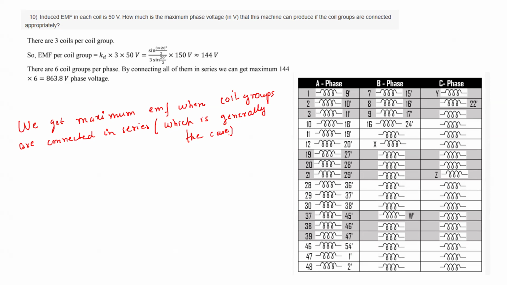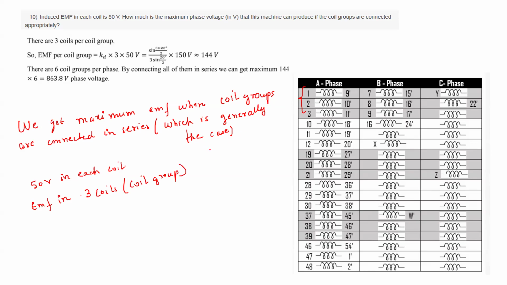So here they are saying that in each coil you are getting 50 volt. First of all, these coils are also connected in series. So 50 volt in each coil means in a coil group there are three such coils, one, two, three.